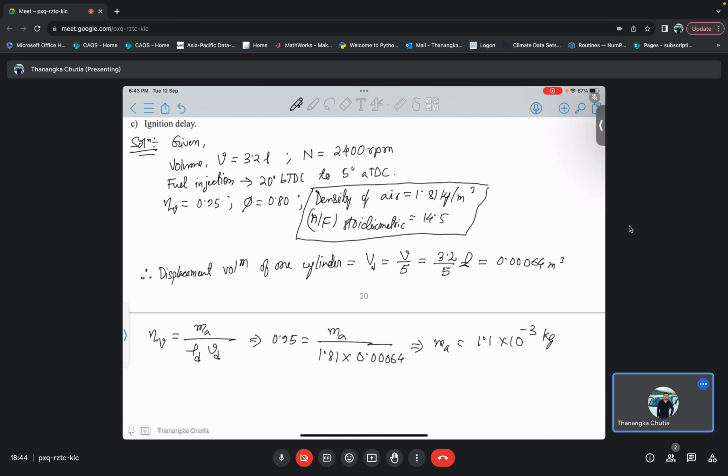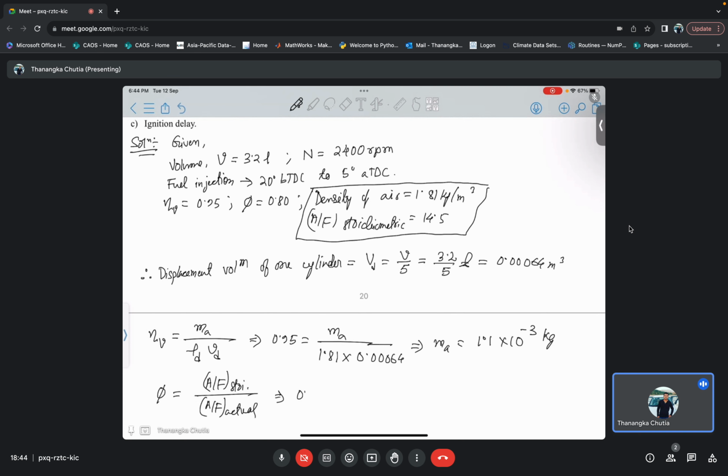Now phi is equal to air fuel ratio stoichiometric divided by air fuel ratio actual. Okay, so what is phi?